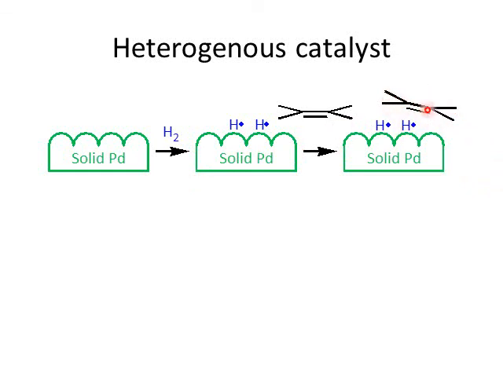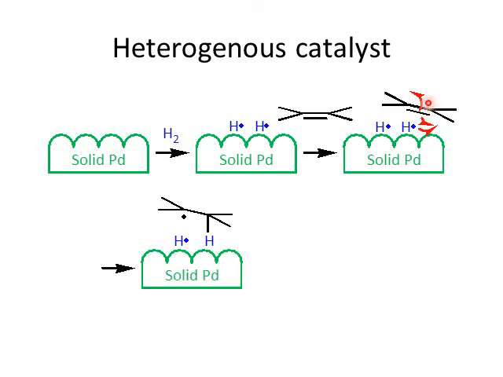And if this alkene comes close by, we know that radicals do a relatively small number of things. They combine with other radicals, they do atom abstractions, or what's important here, they add to pi bonds. And so here, what's going to happen is as this alkene approaches the surface covered with hydrogen radicals, a reaction can occur where one of those hydrogen radicals reacts with that pi bond.